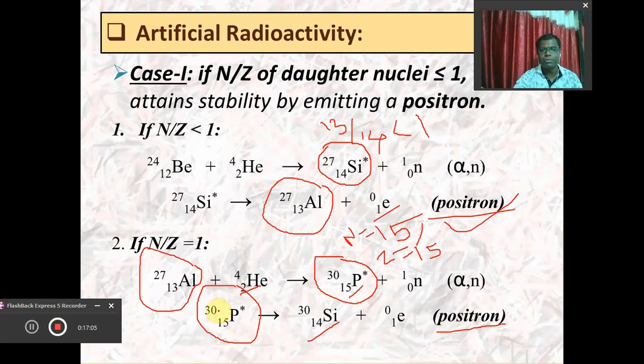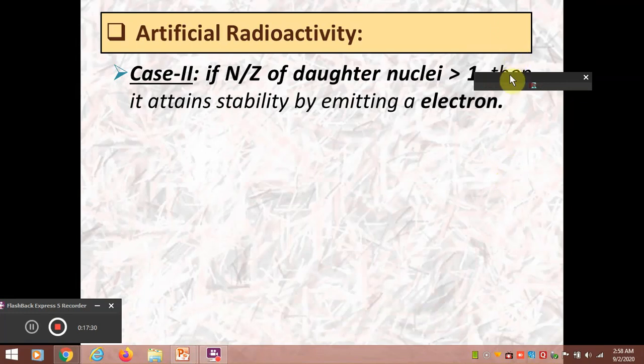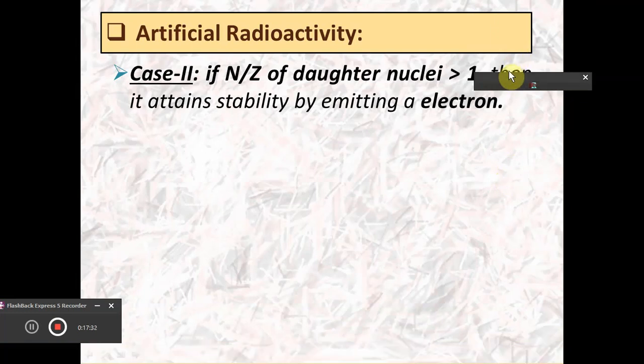So whenever the N by Z ratio of any recoil nucleus of the daughter element is less than or equal to 1, it always emits positrons spontaneously.